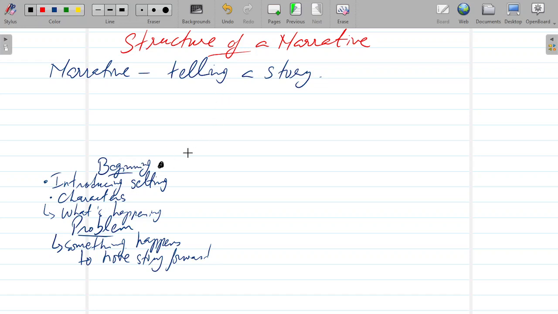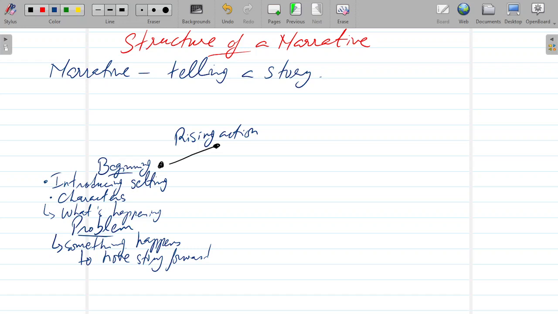Okay, so this is the first point, and then, right, you move to the next one, which is called the rising action. Now, even though it's called action, doesn't mean that your story needs to be full of action. It could be dramatic, it could be suspense, it could be horror, it could be comedy, right?